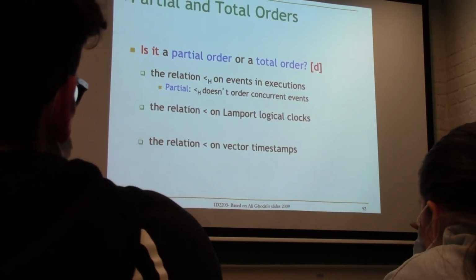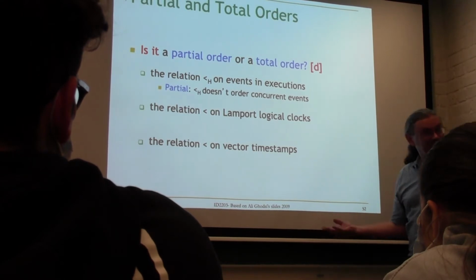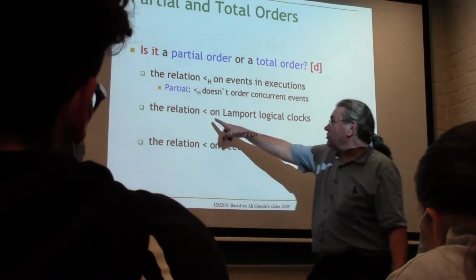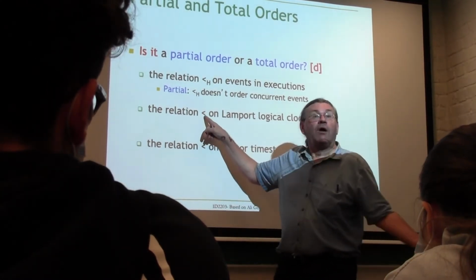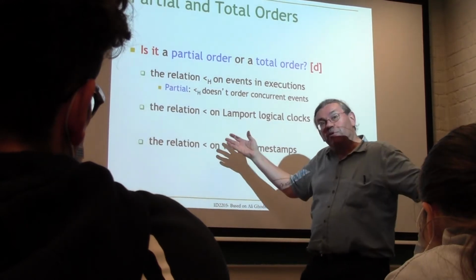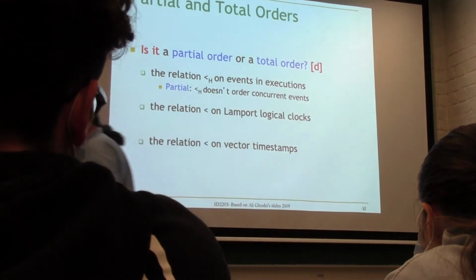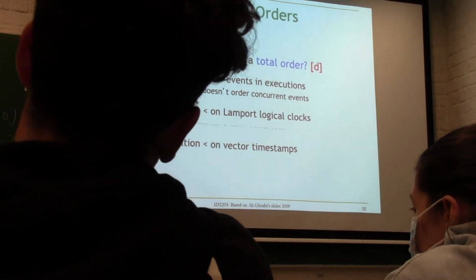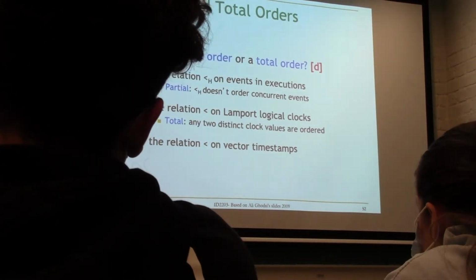If you strictly think in the mathematical sense, is it partial or total? Total. Yes, it is total, because you're comparing 2 natural numbers, and all natural numbers are in a total order. So it doesn't mean at all that you're ordering the causality. It's just the order between the values of the clocks.